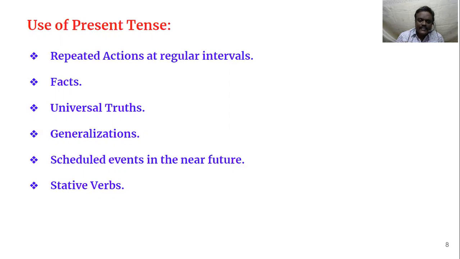Wherever the action is repeated at regular intervals. Today something happened, yesterday also happened, day before yesterday also happened, for so many years, and we don't know when actually it started, and in future also it will continue to happen, and we don't know when it will end also. Such actions are expressed in simple present tense.